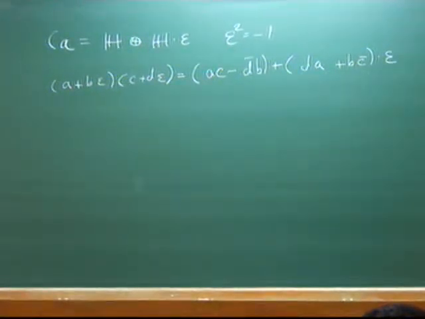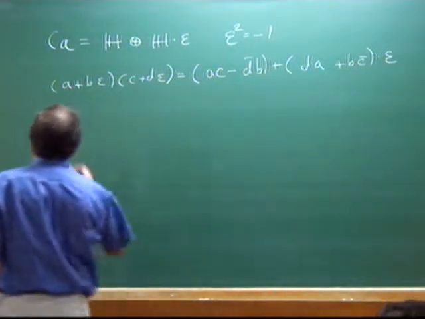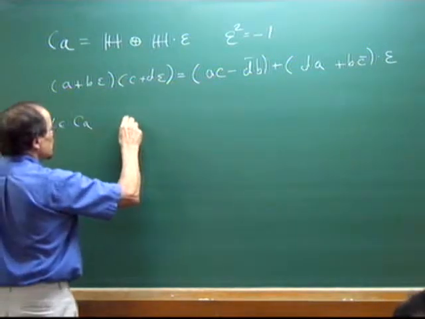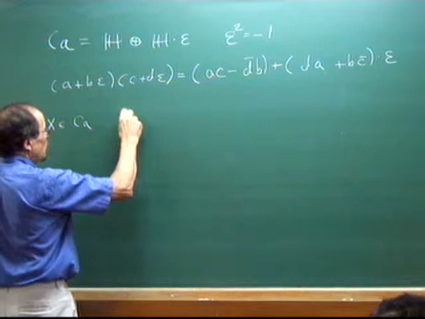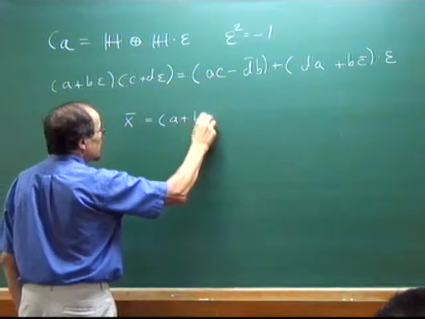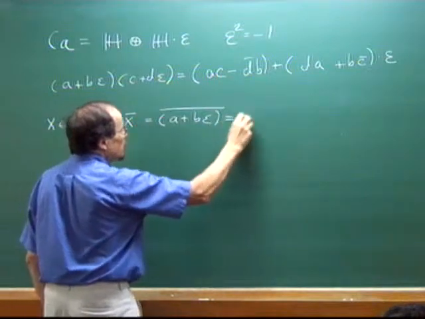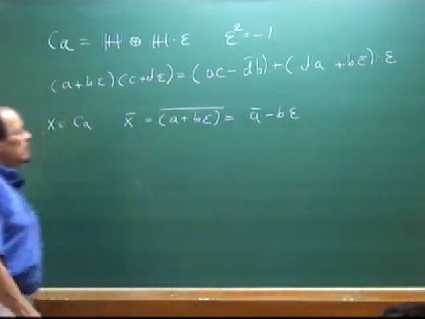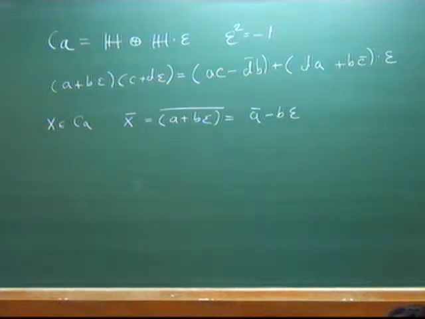Then various properties. So first, some more notation. If x is a Cayley number, then we know the complex conjugate. So let's write x as a plus b epsilon. The complex conjugate of that was a bar minus b epsilon. I conjugate everything except for one. a was a quaternion here.